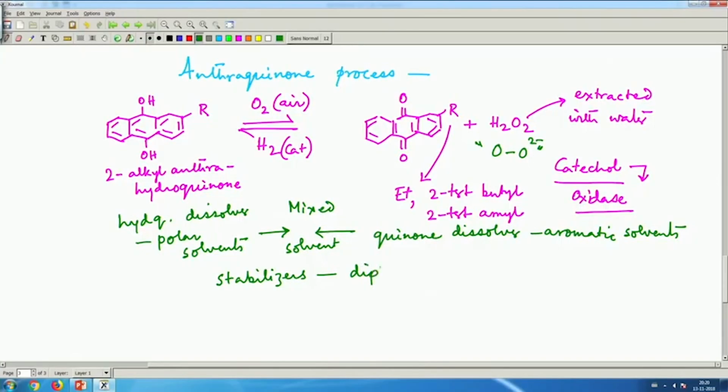That also has some potential market from an industrial point of view: some diphosphates and several tin compounds are useful stabilizers for stabilizing these peroxides as the corresponding compound as well as simple hydrogen peroxide.